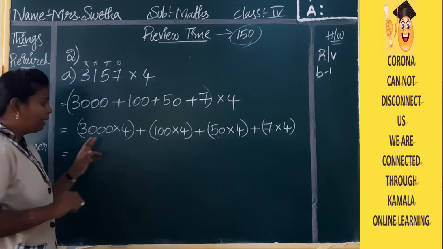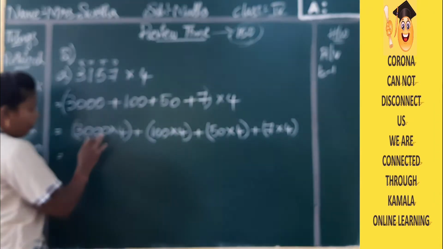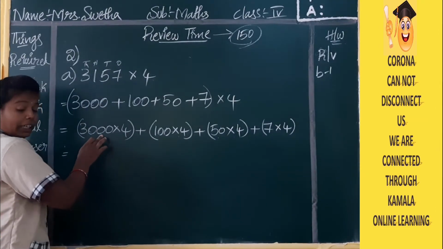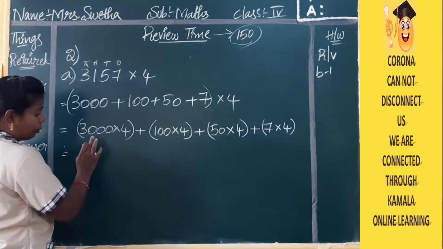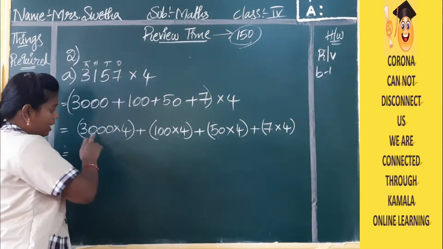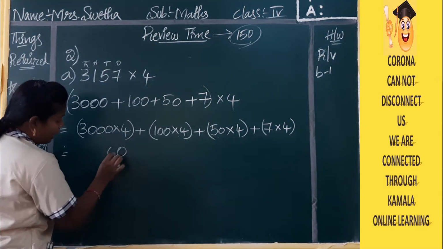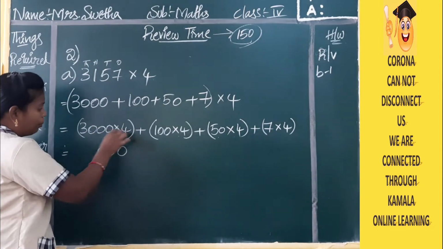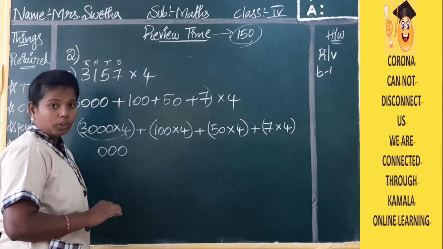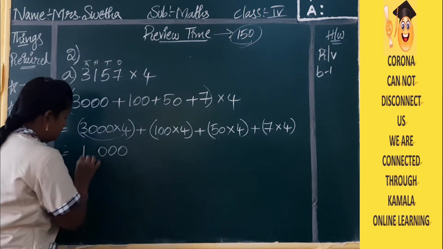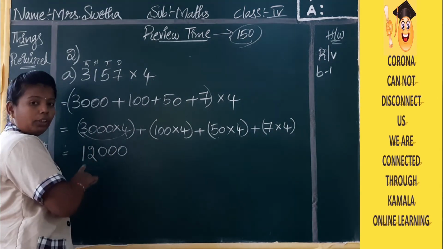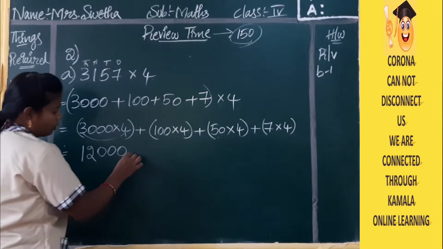Now you have to multiply all these numbers. See, in the short form we will do this one: how many zeros you have in your multiplication, that many zeros you should write in your answer. See, 3 zeros are there and they should be in the last place only. 3 zeros in your answer. Now you multiply with the number. 4 3s are 12. Okay, 12,000. 3,000 into 4, it is 12,000.